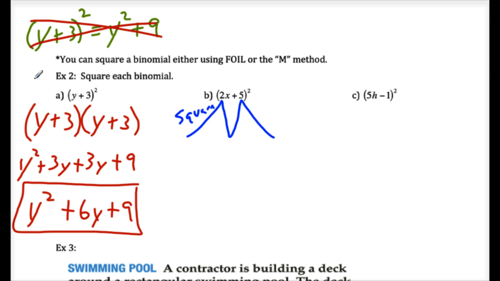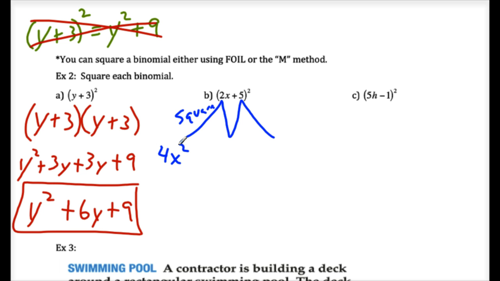So, square the first piece. Who can square 2x? The whole thing, not just the x, not just the 2. Briggs, go ahead. 4x squared. 4x squared, genius. Does everybody agree with that?